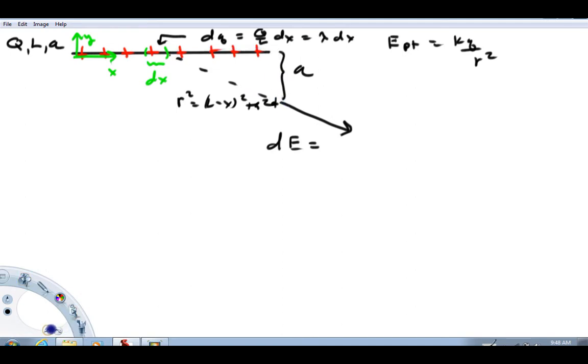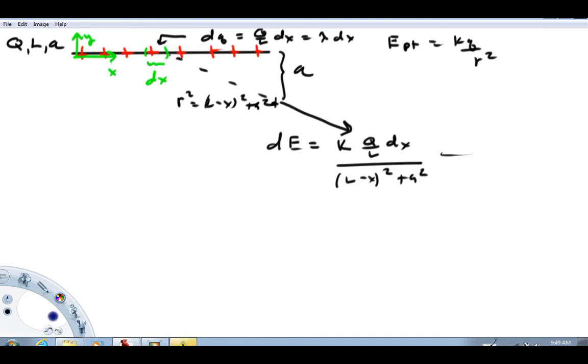So what we can write is that the electric field is going to equal k dq, and dq is equal to Q over L dx, over r squared, which can be written as (L minus x) squared plus a squared. Now, this quantity gives the magnitude of the electric field due to this chunk. But we can't just add this.